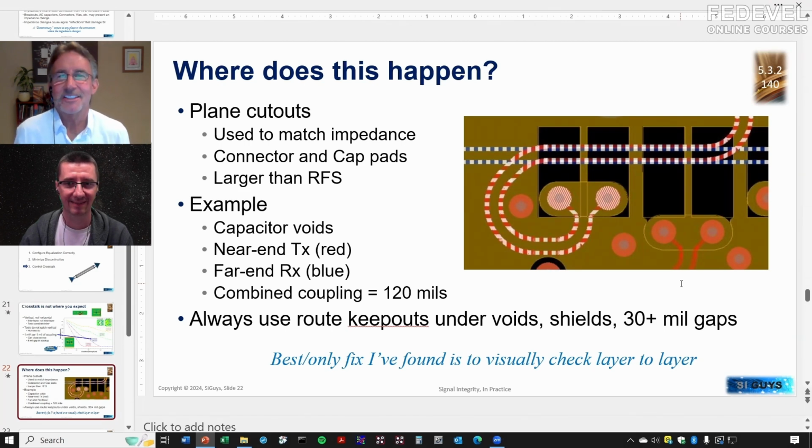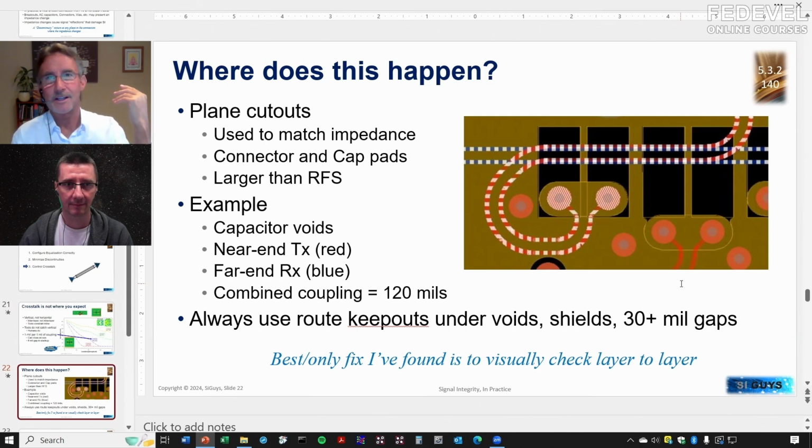Isn't that fascinating? Because like you said, we're going to put capacitors right there, so we cut out the plane so that I don't have a discontinuity, because I want to match the impedance of my capacitor to my trace, right? So I have to get it a little further from ground.